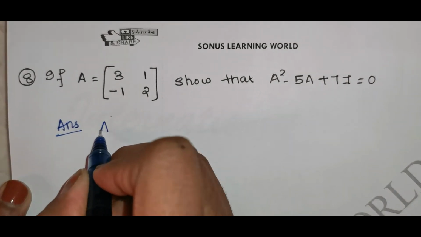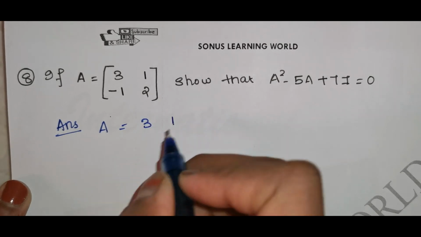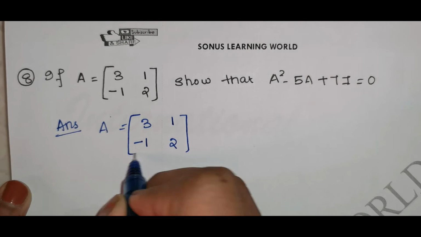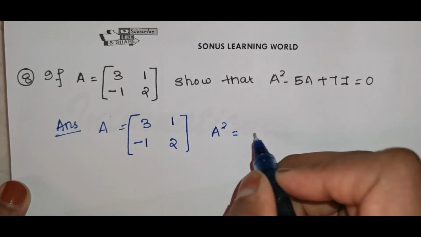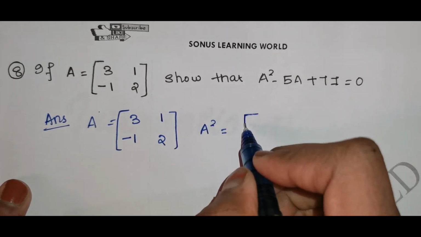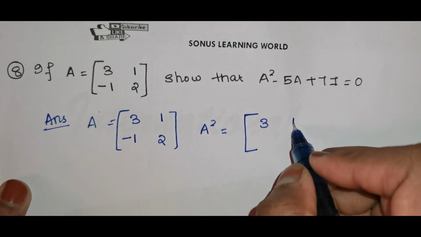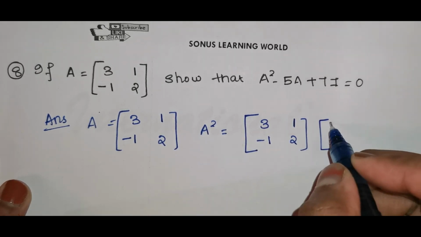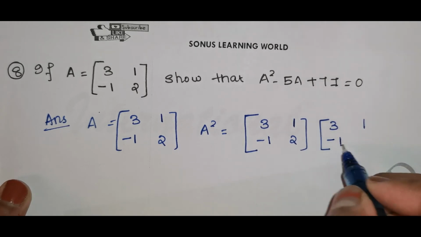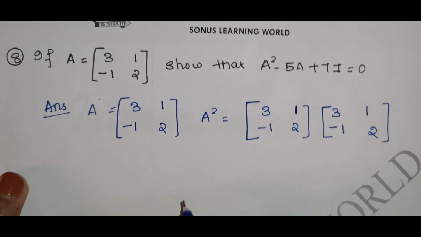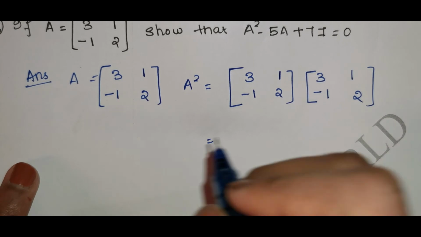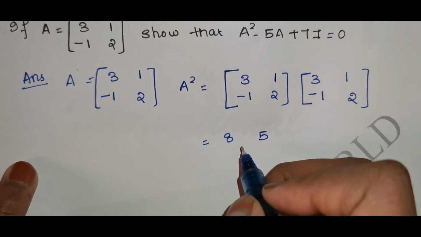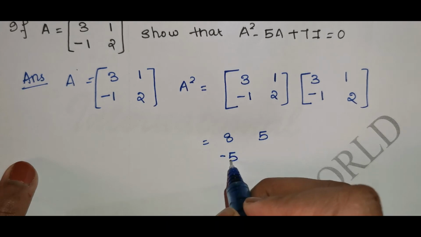A is equal to [3 1; minus 1 2]. Students, how can we find A square? A square is equal to A into A. So we have to multiply [3 1; minus 1 2] into [3 1; minus 1 2]. When you multiply these two matrices, the resulting answer will be [8 5; minus 5 3].